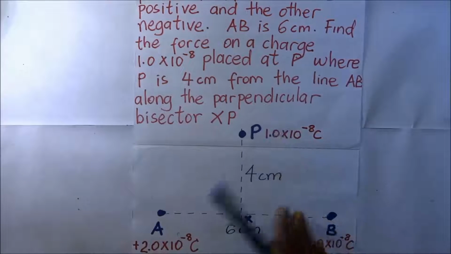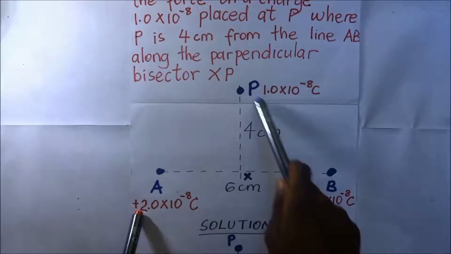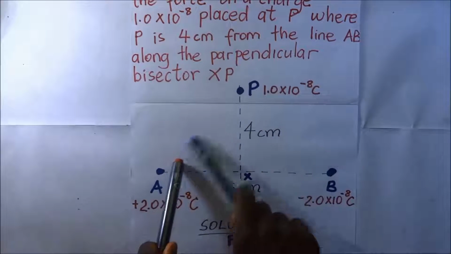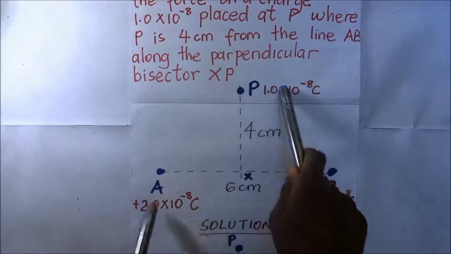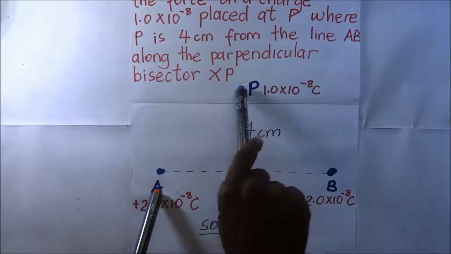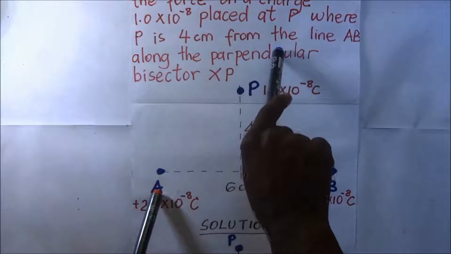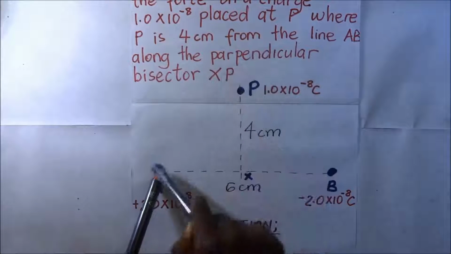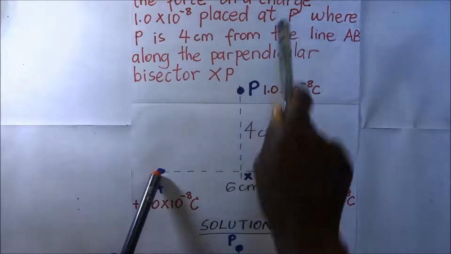A being positive and P also a positive charge, it means that there is a repulsive force in between. So due to A, the force on P will be acting along that direction. It will be repelling it away in a straight line.